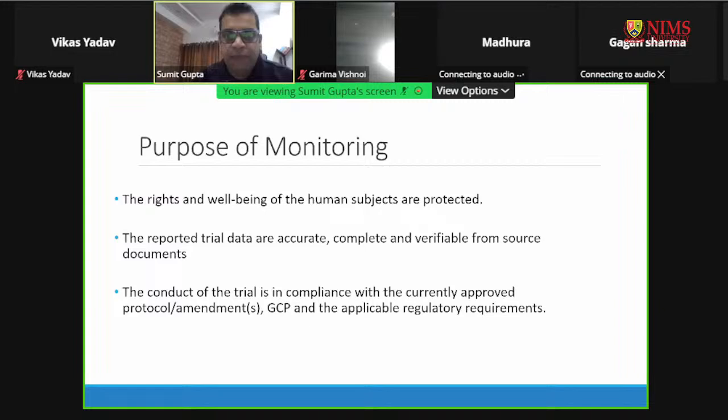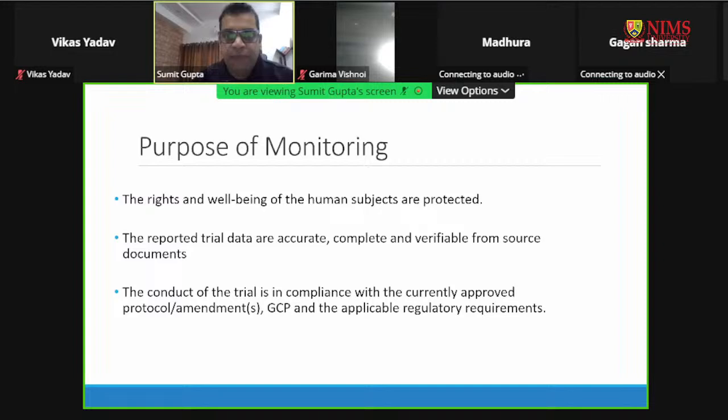So whenever there is a deviation, there is a need for CAPA, and the deviations could be of many types, and depending upon the grading, the actions are decided.